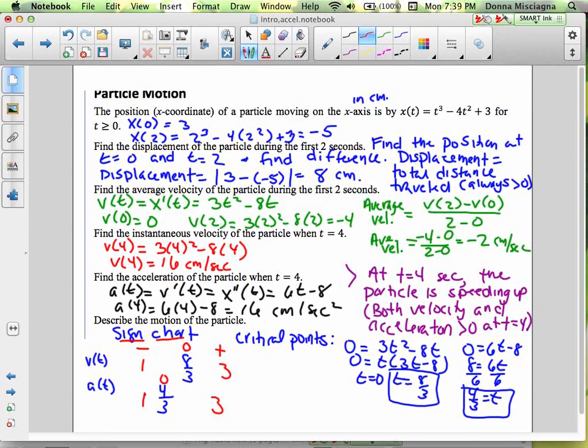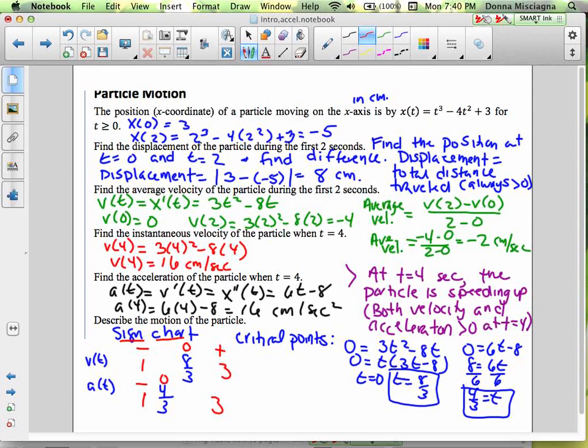So that will work. If I plug 1 into the equation for acceleration, we would have 6 minus 8. That's going to be negative. If I plug 3 into the equation for acceleration, I would have 18 minus 8. That's going to be positive.